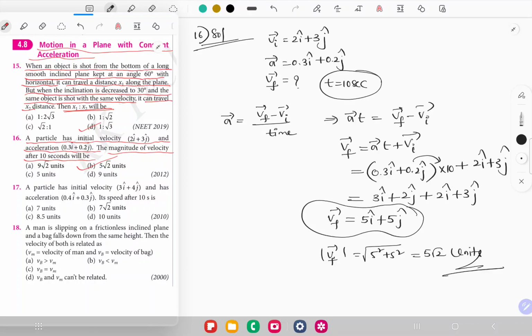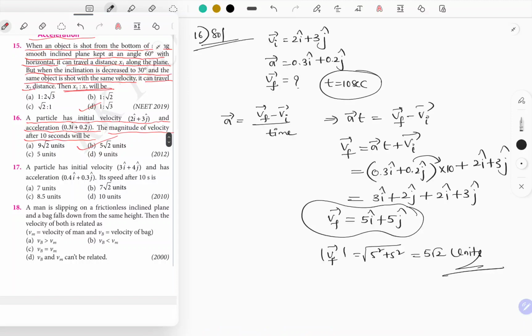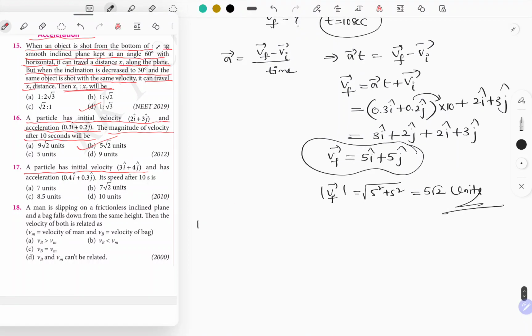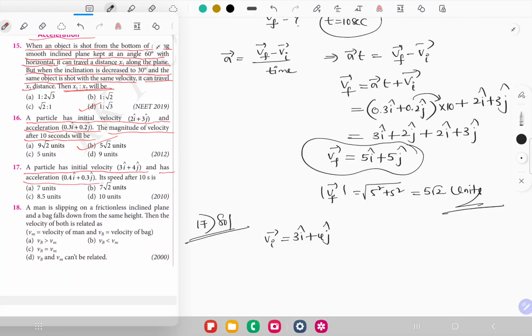Next, question number 17. So what's the question they are asking? A particle has initial velocity 3i cap plus 4j cap. Question 17 solution. The initial velocity of the particle is 3i cap plus 4j cap, and it has acceleration 0.4 i cap plus 0.3 j cap.